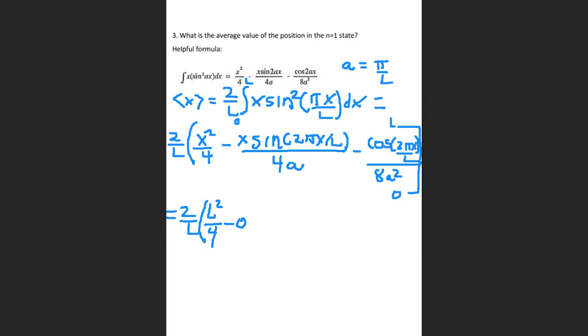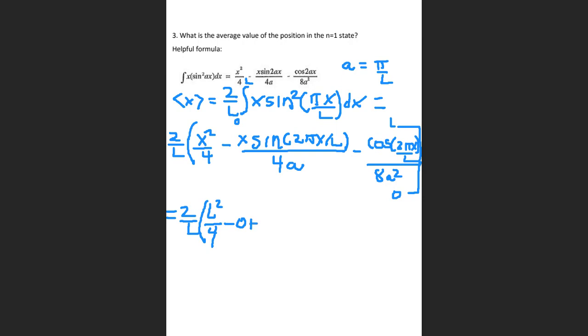The second term is a sine term again. If you plug in L, you're taking the sine of 2 pi, which is 0. If you plug in 0, you're taking the sine of 0, which is 0.